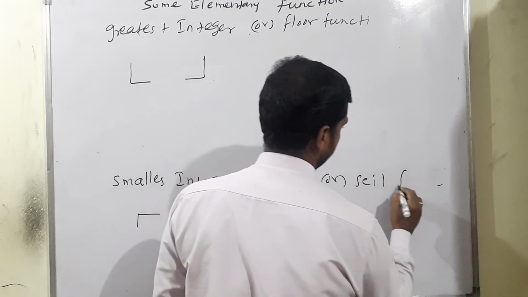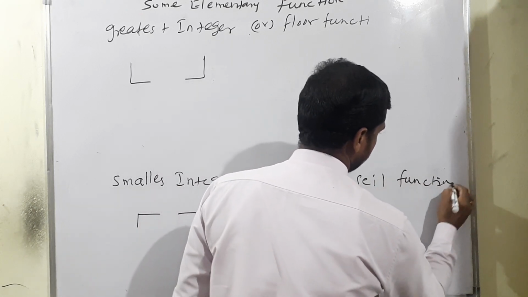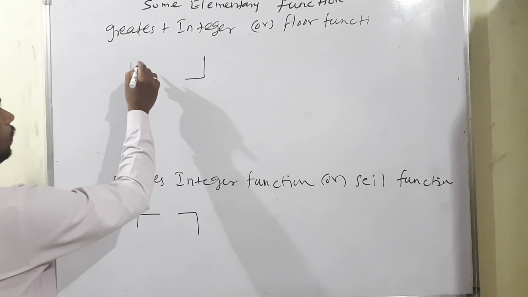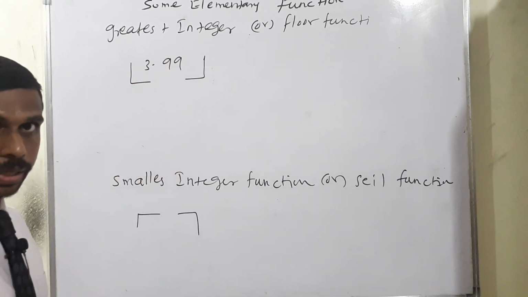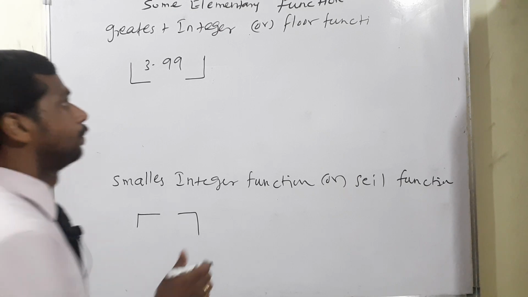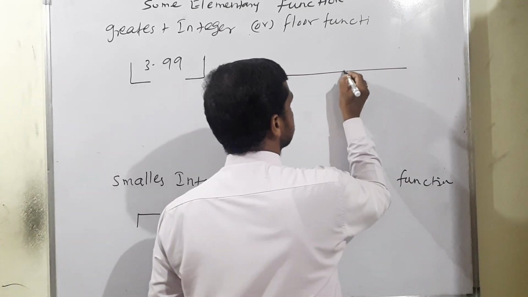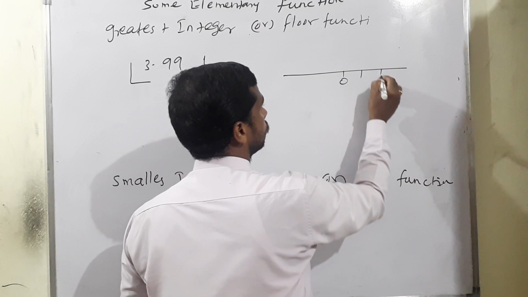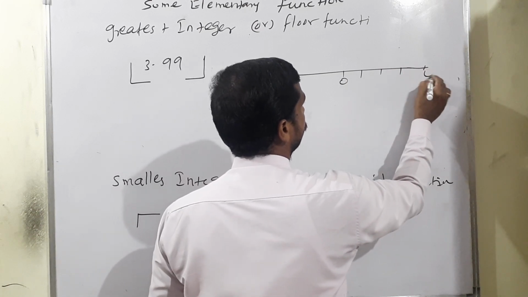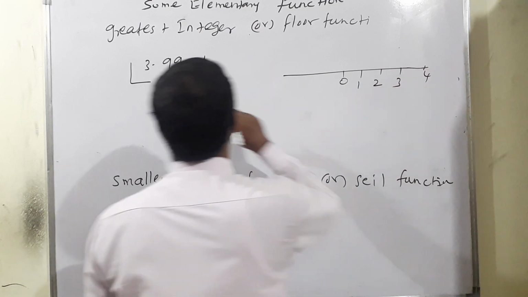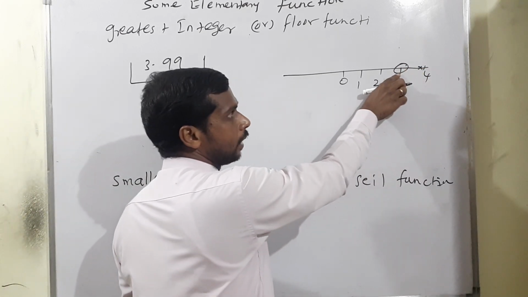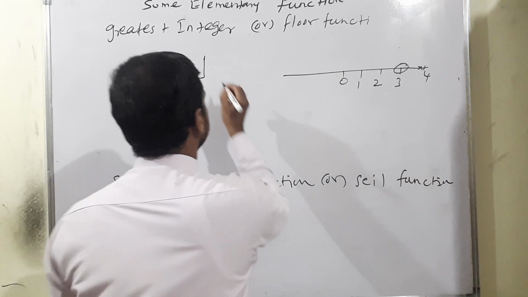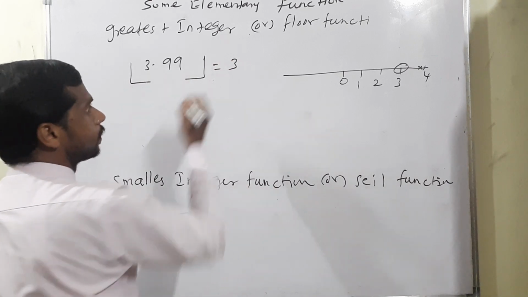For example, 3.99 something: we have to select the left side of the value. Left side means, for example, one number line is there: 0, 1, 2, 3, 4. The value is 3.9 and something. Here the whole number on the left side, less than the value, is 3. Therefore 3.99 gives the value 3.